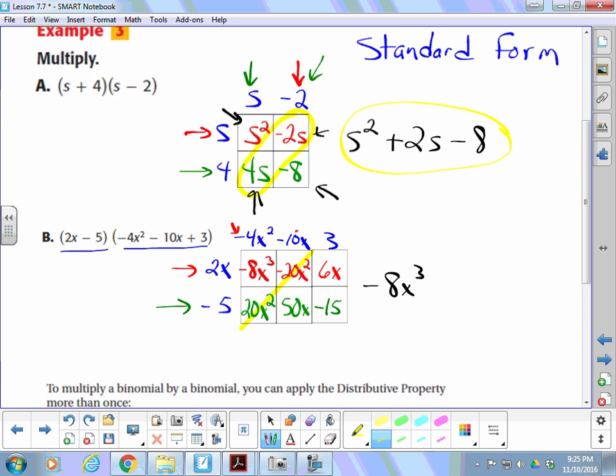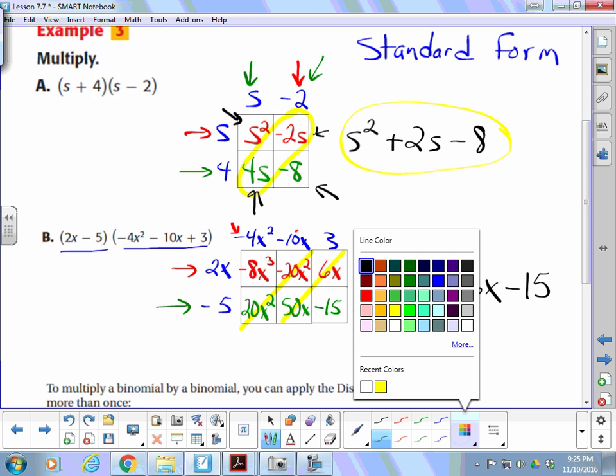Well, those are opposites. So when I add a positive 20 of something and negative 20 of something, I get 0. So we have no x squared term. Then we look at the next diagonal. We have 50x plus 6x. That gives us plus 56x. And then our last term down here by itself is the negative 15.